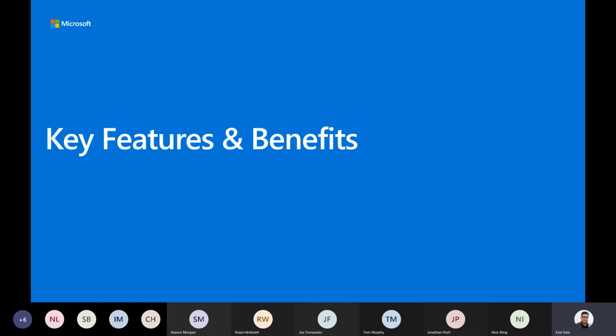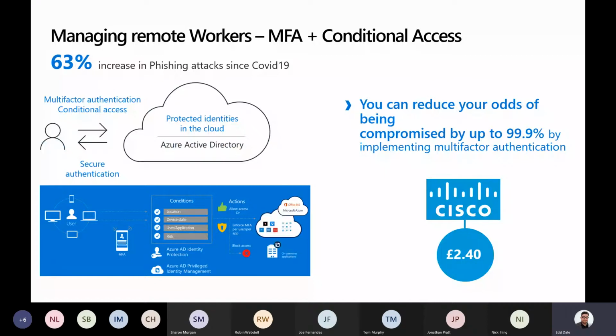But I want to talk about what really makes Business Premium different to Business Standard. A lot of this is stuff that we spoke about in last week's session. So things like multi-factor authentication and conditional access. Like I said, we discussed that identity and access is a big concern at the moment, with everyone working remotely.